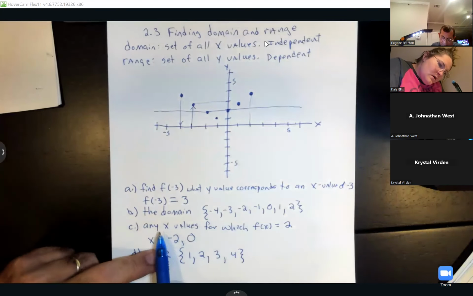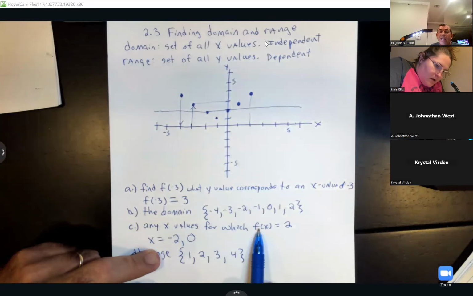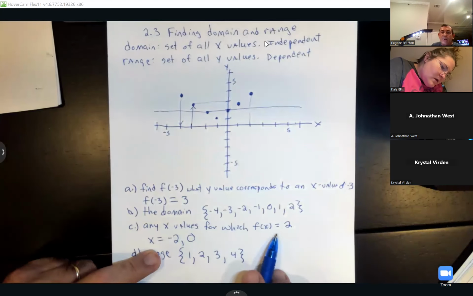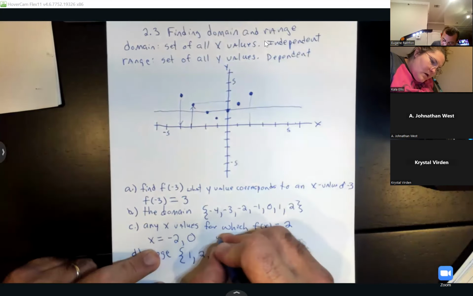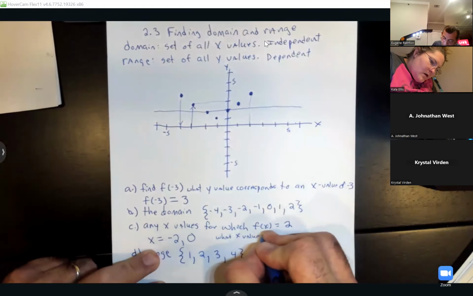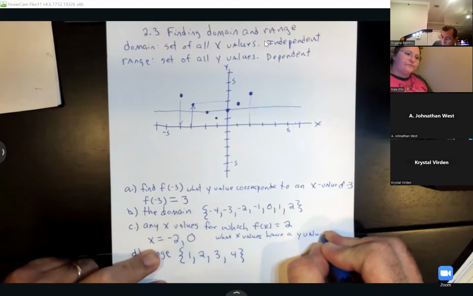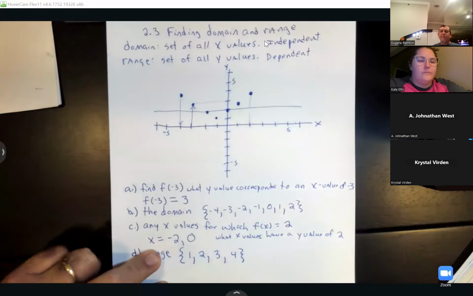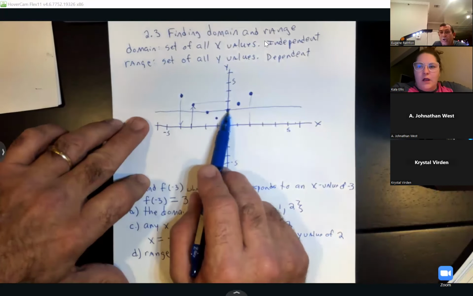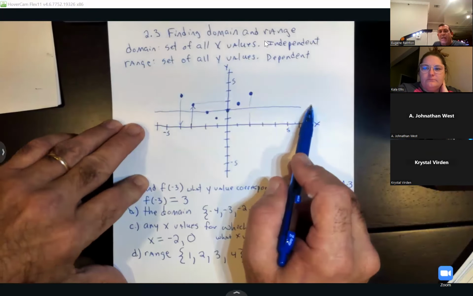C, they're going to give you something like this. And this one said any x values for which f of x equals 2. Well, what this question means is what x values have a y value of 2. So that's when I drew this line across there, because remember on the y-axis, 2 is the second one up. So you draw a horizontal line across there.